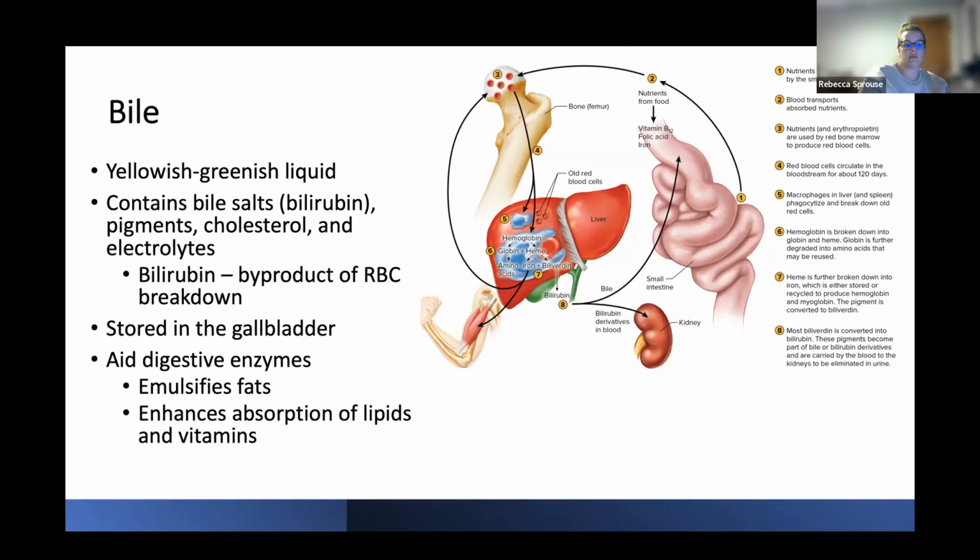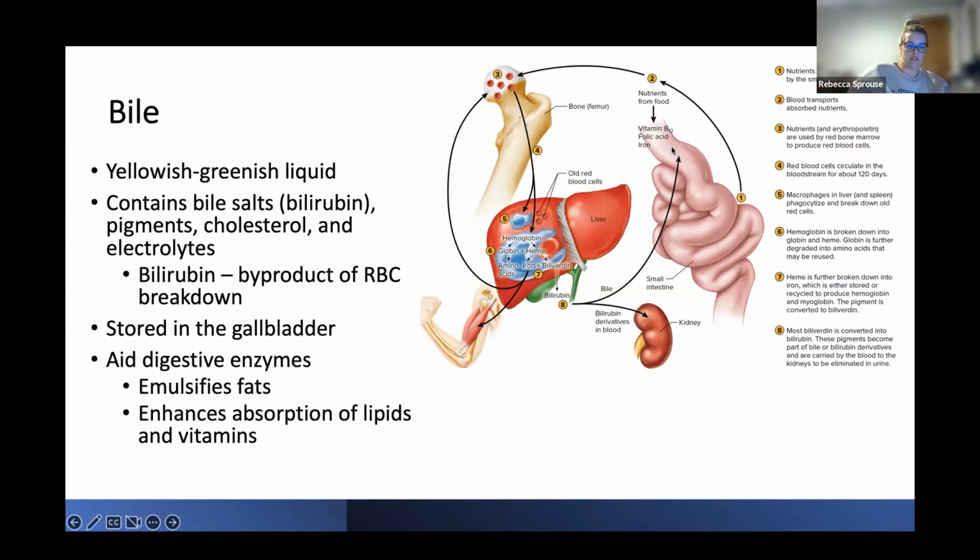Remember that hemoglobin is broken down into globin, which is a protein, and then also heme, which is broken down into iron and biliverdin. Biliverdin is that kind of pigmented waste, and that's converted into bilirubin. And bilirubin is going to be eliminated in urine.